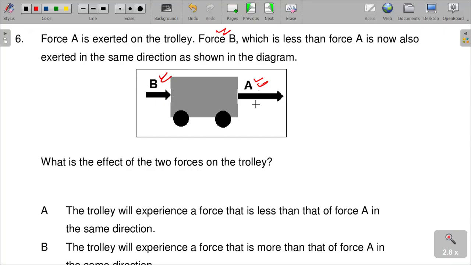What is the effect of the two forces on the trolley? A, the trolley will experience a force that is less than that of force A in the same direction. Not really.